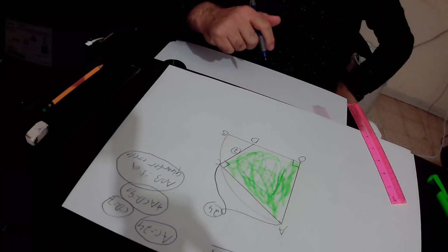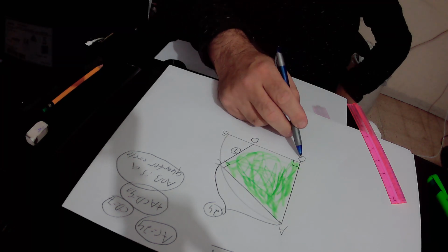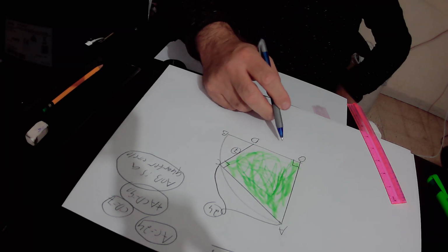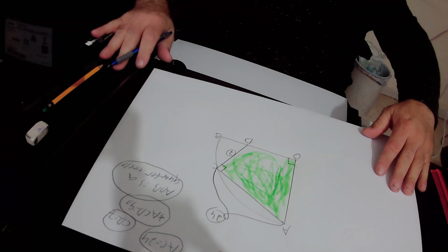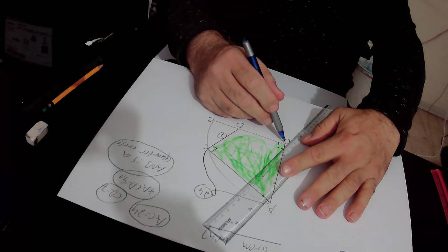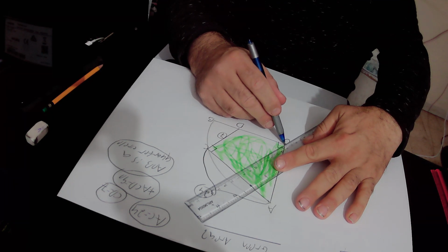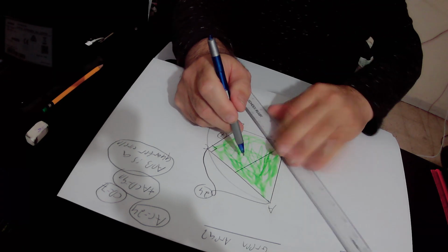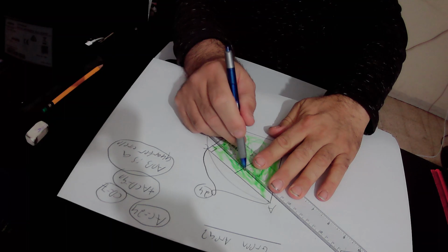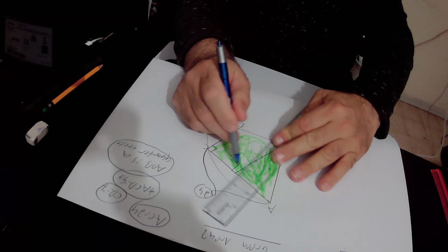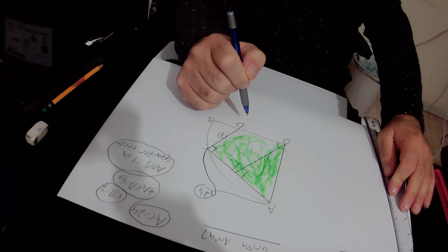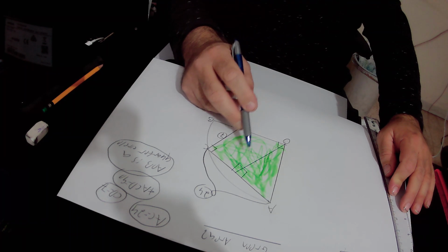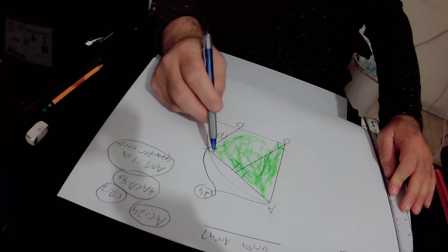In the next step, from point O, the center of the circle, we'll draw a perpendicular on AC. So this angle equals 90 degrees according to our construction. We define the touching point of the perpendicular from point O and AC as P.